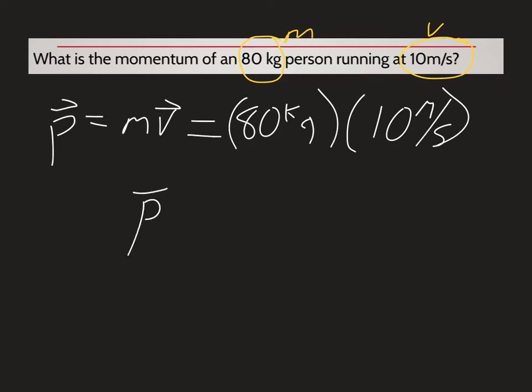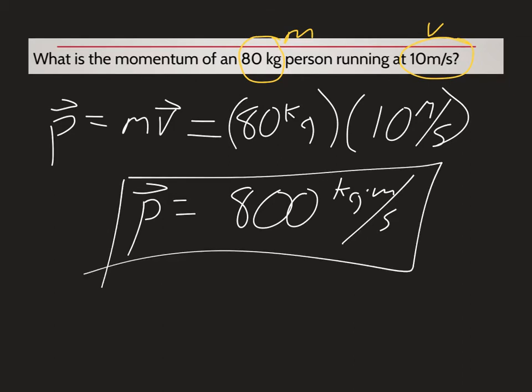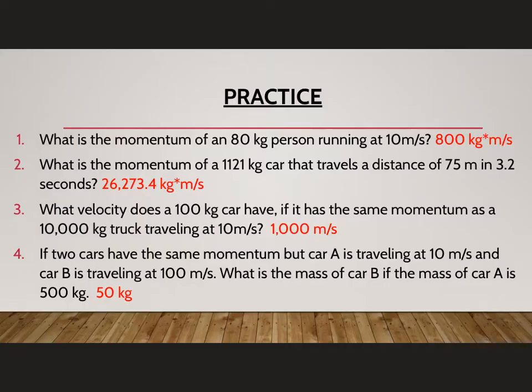And it's going to give me a momentum of 800. 800 what? It's kilogram meters per second. That is your unit for momentum. Box it in. Let's double check that I was correct. Yep, 800 kilogram meters per second for our momentum for number 1.